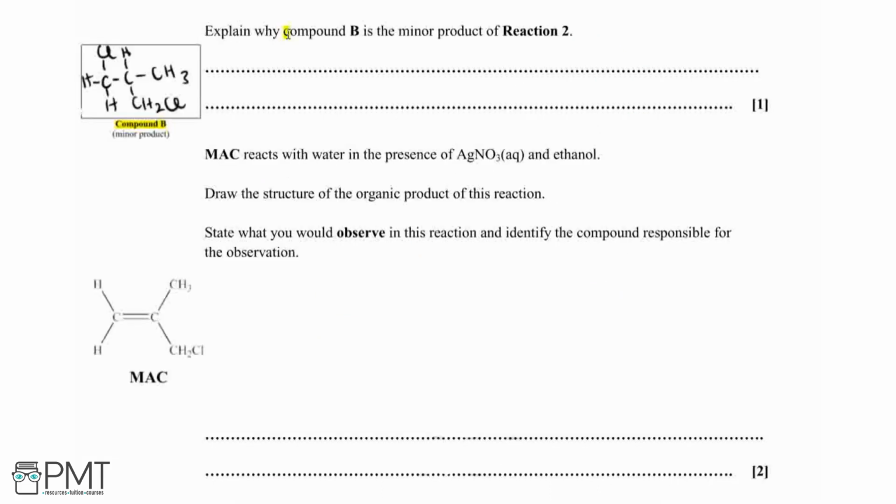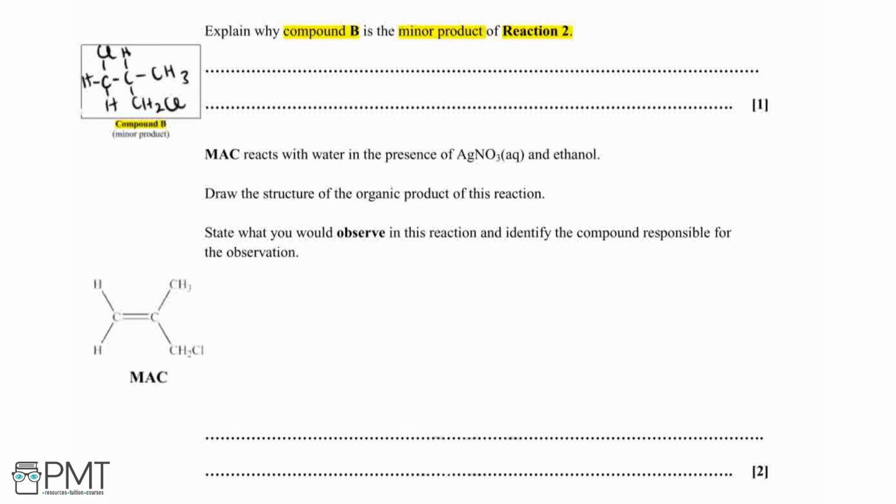Explain why compound B is the minor product of reaction 2. So reaction 2 was the electrophilic addition of HCl to our compound MAC. And our minor product was the one where the chlorine was bonded to carbon number 1.